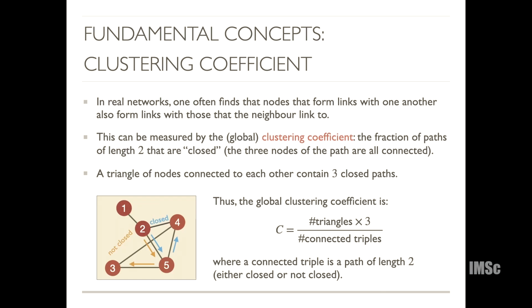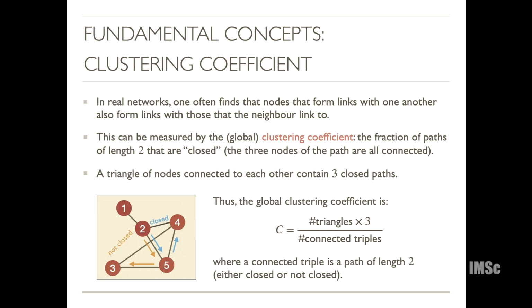A connected triple is a path of length 2, which is either closed or not closed. For example, 2 to 5 and 5 to 4 is a connected triple, and 2 to 5 and 5 to 3 is also a connected triple. It just means you have 3 nodes that form one path, in other words, a path of length 2. That gives you the clustering coefficient.